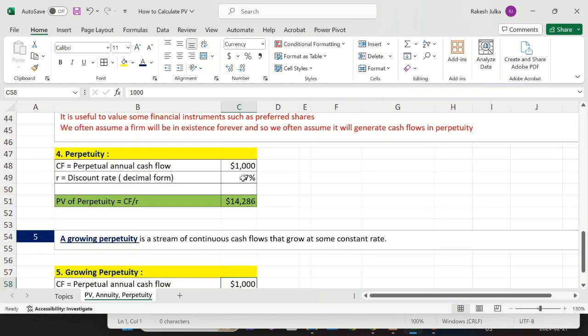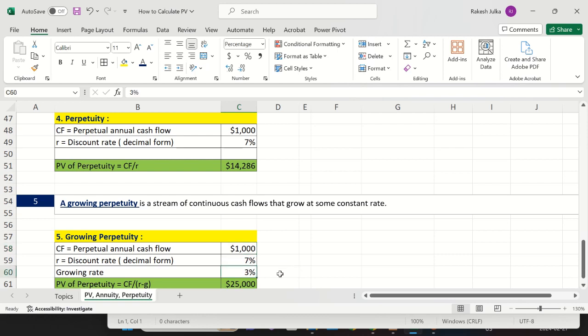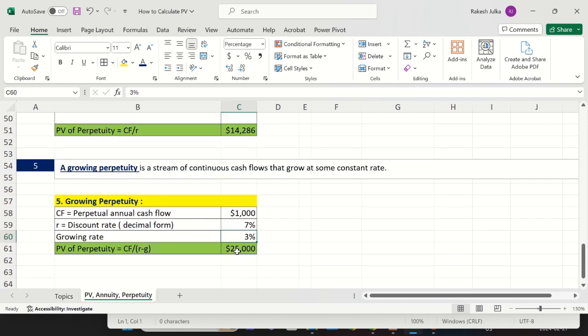So in this case, the 1000, the 7%, and 3% is the growth rate. If I delete it and calculate, the cash flow divided by, then we write the discount rate minus growth, bracket close, and enter. It means $25,000 is required today, then it will have a stream of cash flow of $1,000 for an indefinite period of time, right?